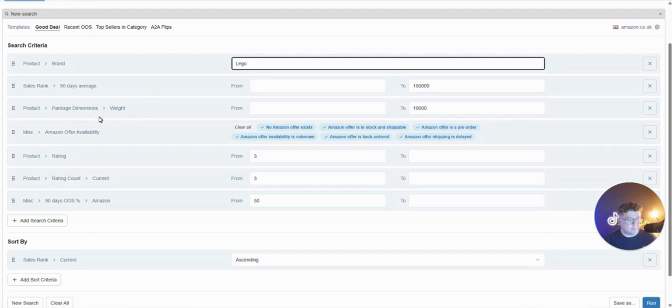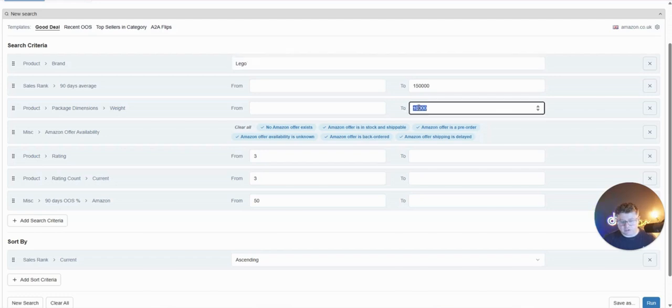We have got the product weight here. Usually Lego isn't too heavy, and personally this weight is too high for me. At 10 kilograms, we've got to remember we will be paying higher fees to be sending these products in. Usually, if you was sending 10 kilogram plus items in, you'd be thinking about palletizing and thinking about the logistics when you are looking into these products.